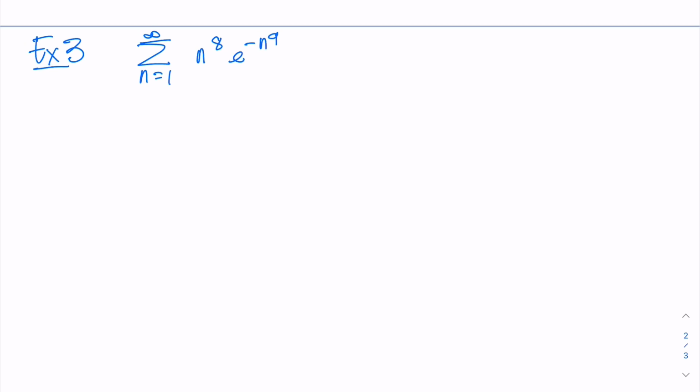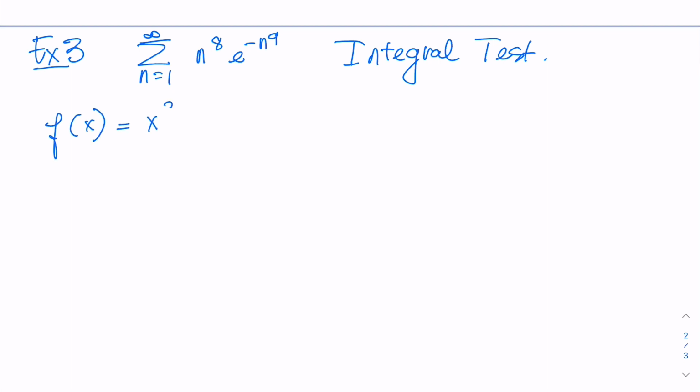For this example, when I take a look at a sub n equals f of n, the function right here, and it's easy to evaluate, I'm going to use the integral test. When we use the integral test, you need to check the hypotheses, and there are 3 of them. First, we let f of x equal x to the 8th power e to the negative x to the 9th power.